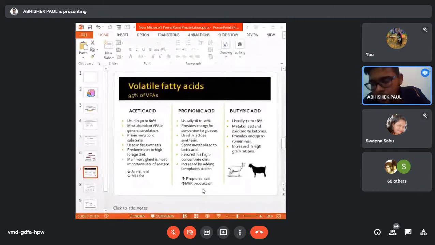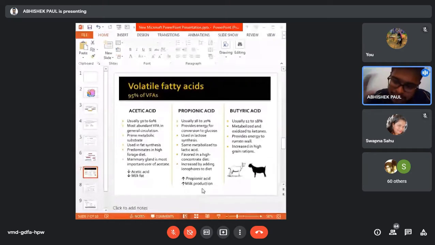By offering concentrate, because concentrate leads to production of more propionic acid in the rumen, and propionic acid helps in production of the milk sugar lactose. Now you can ask me why and how this correlates with the total milk yield.